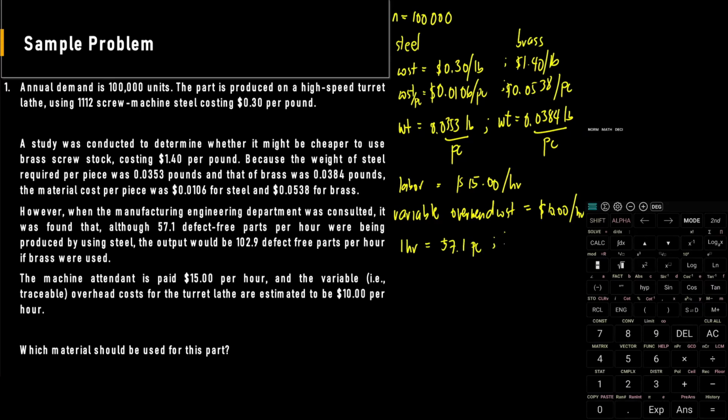In 1 hour, napoproduce ng brass na defect-free parts ay 102.9 pieces. Okay.